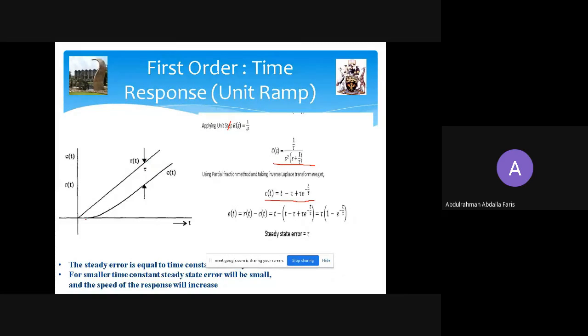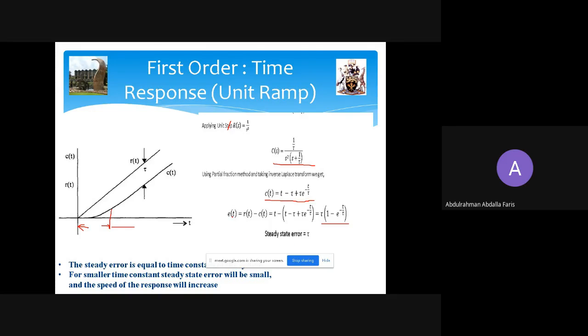So from here to here, this is the transient response, and then going here is steady state. And when we try to get the error, which is r(t) minus c(t), we'll end up with that equation.